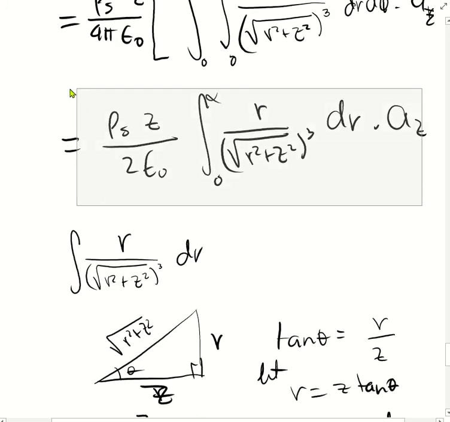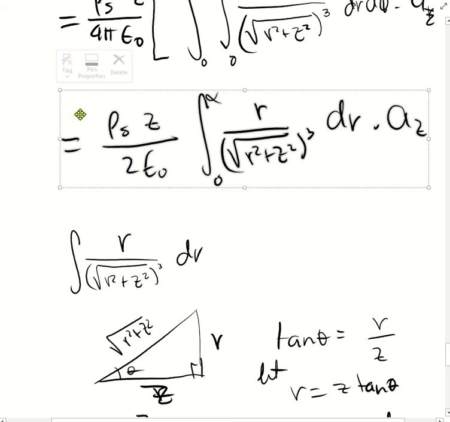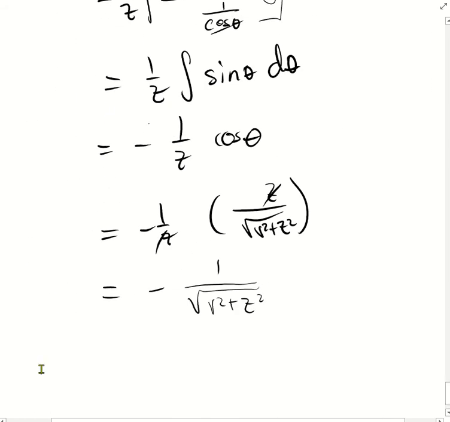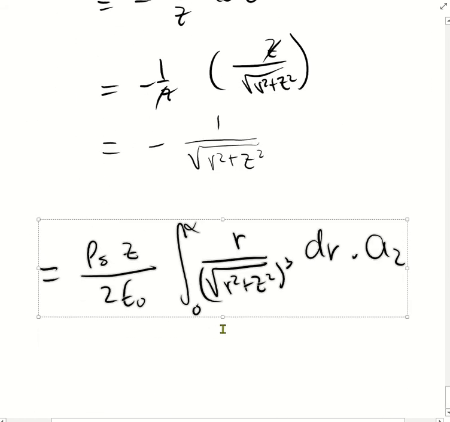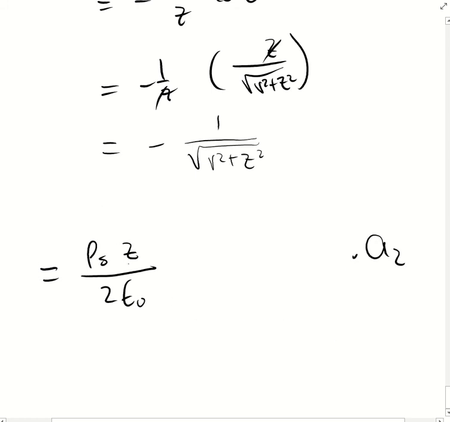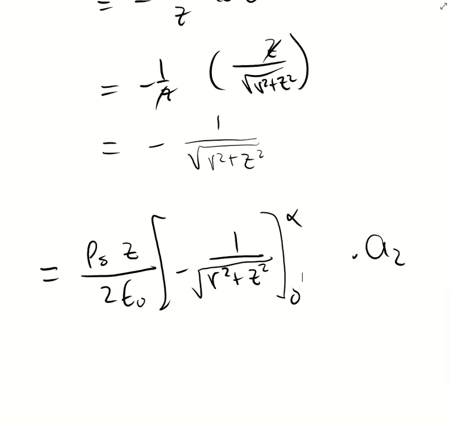So let's put that here, let me copy this. Then remove this. Our answer here will be negative 1 over the square root of r squared plus z squared. Then put the limits from 0 to infinity.